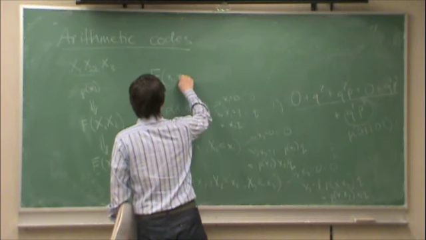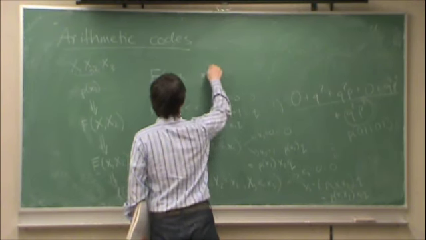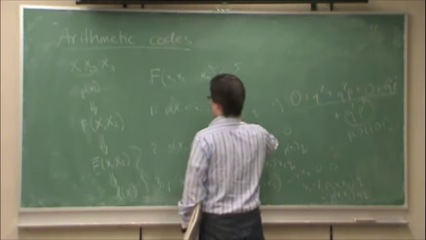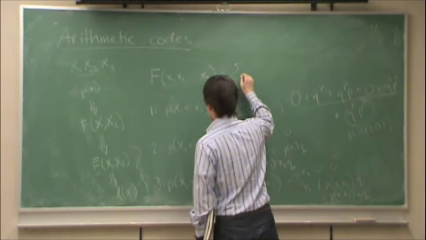F of x1, x2, and so on up to xn is equal to the sum. So there are n stages here.